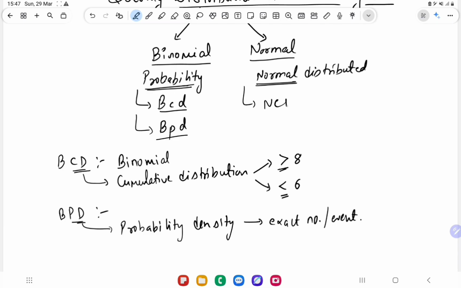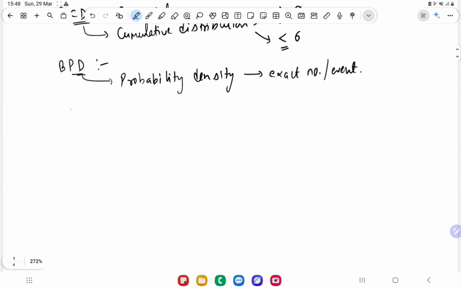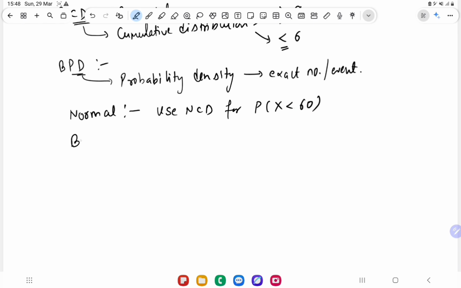Similarly, in normal also, we have NCD and NPD. CD is again cumulative distribution, PD is probability density, and N stands for normal distribution. Now, for normal, I will use NCD for anything like this, whether it is less than or greater than.